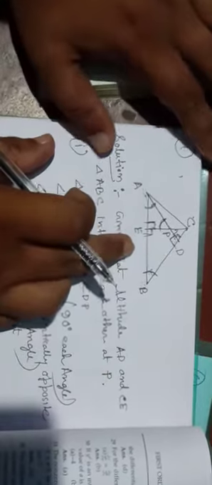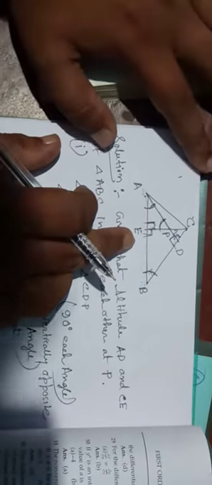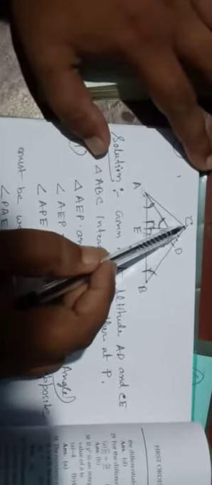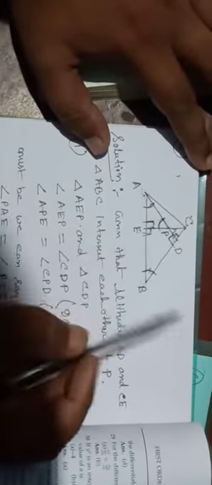we have to prove triangle PDC is similar to triangle BEC.